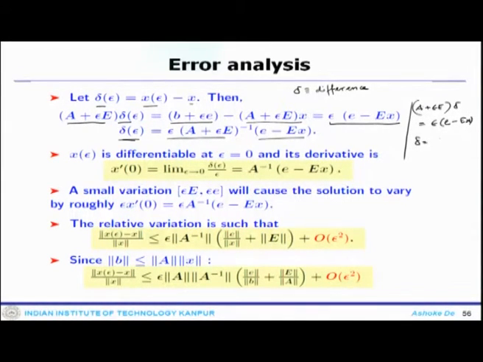So, you get delta epsilon equals epsilon times (A plus epsilon E) to the power inverse multiplied with (e minus E x). That is what you get.